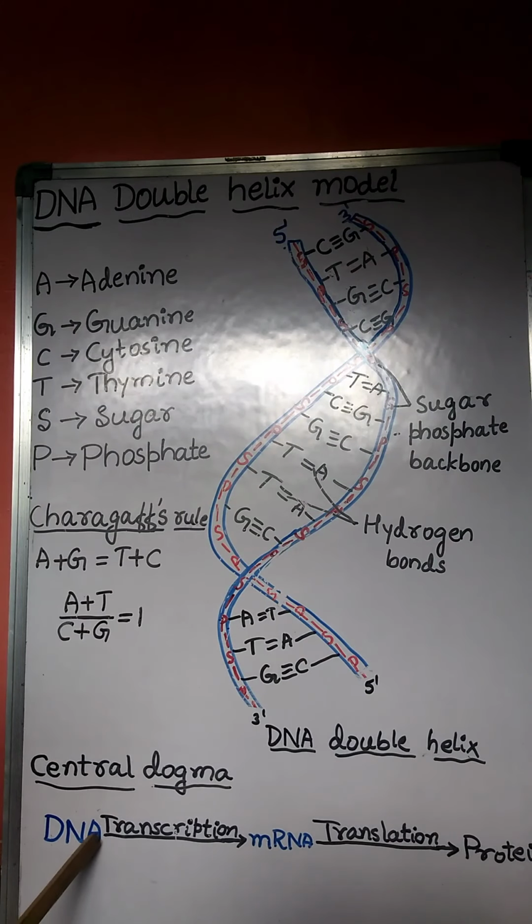The genetic information present in the DNA transfers into mRNA by transcription, then the genetic information in the mRNA flows into protein by translation. Here we can observe the flow of genetic information in one direction. Hence it is called the central dogma of molecular biology.